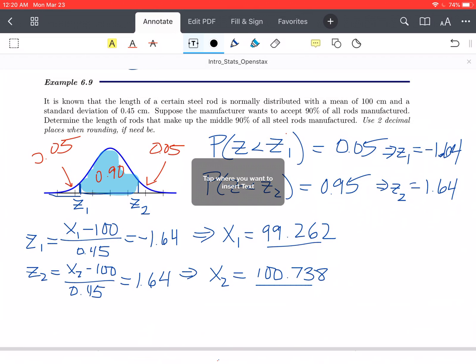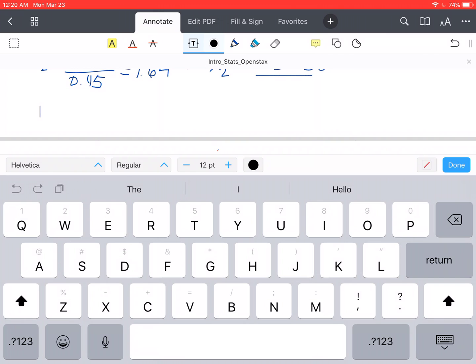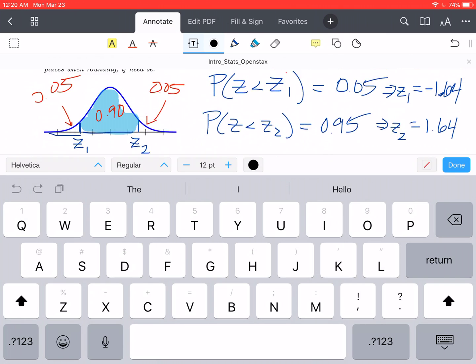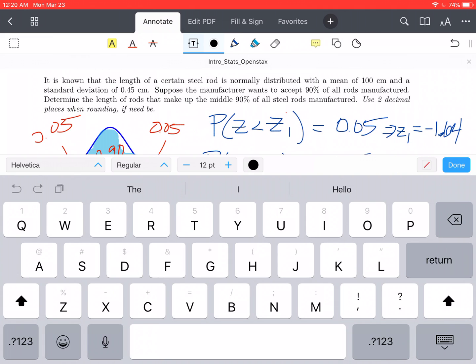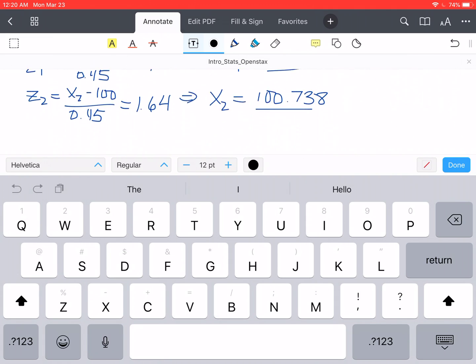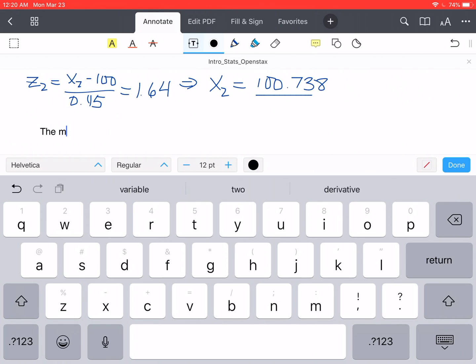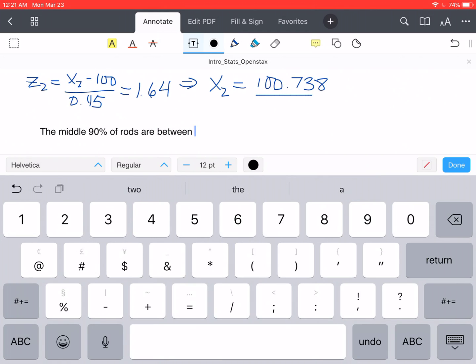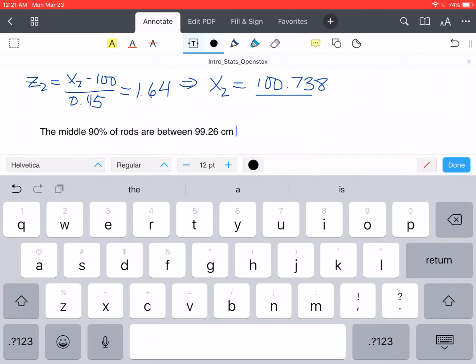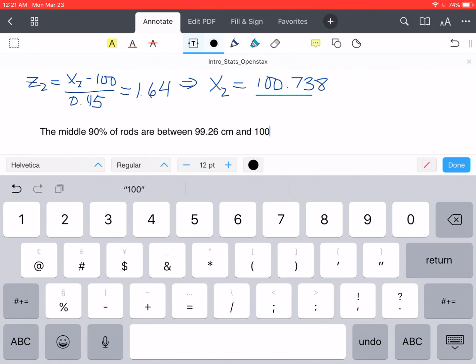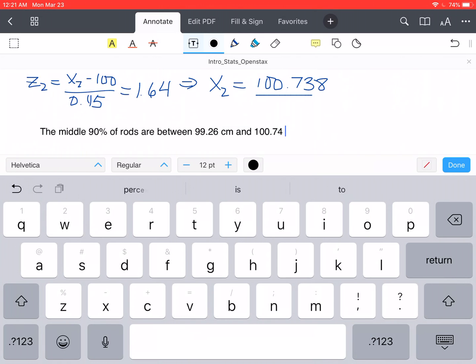But then the answer, because it's asking us where the middle 90% of these rods are, we can say that the middle 90% of rods are between 99.26 centimeters and 100.74 centimeters.